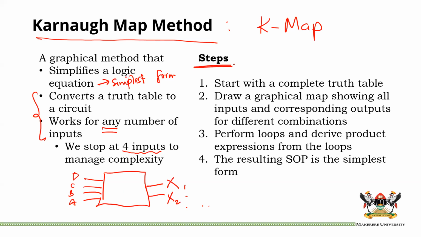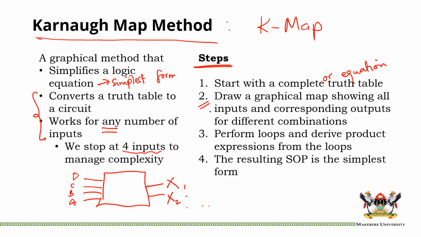Now the steps to perform this kind of mapping method. At this point, the steps may not make sense because we need to go straight into some examples so that we can see how it works, but I just put the steps here. Usually you start with a complete truth table or equation. Okay, so this is a large equation that you would like to simplify.